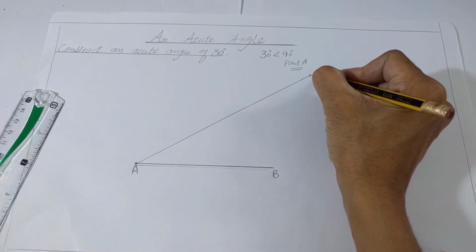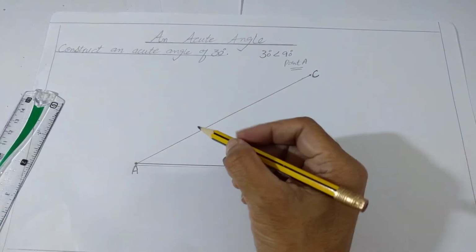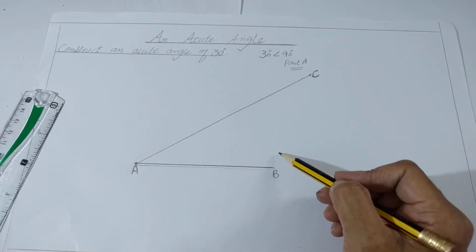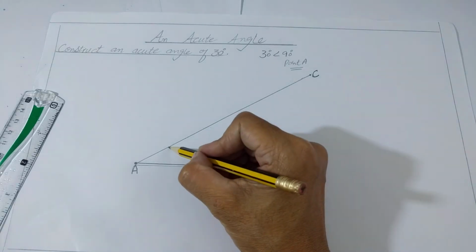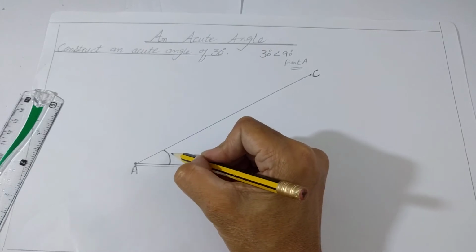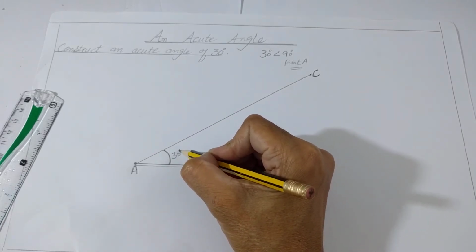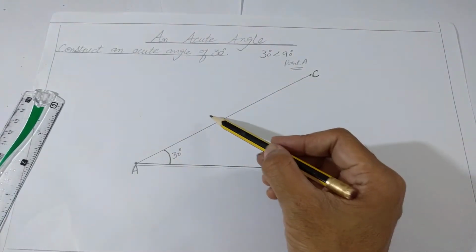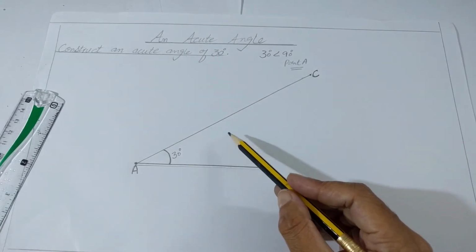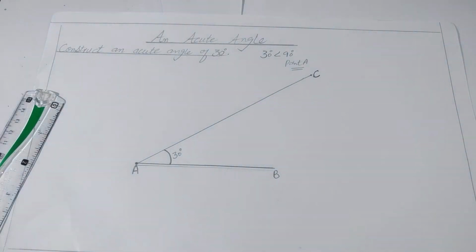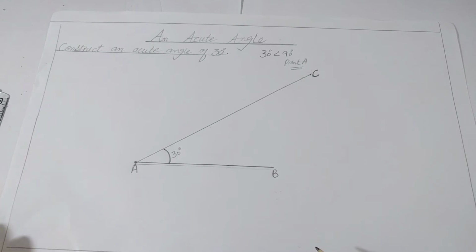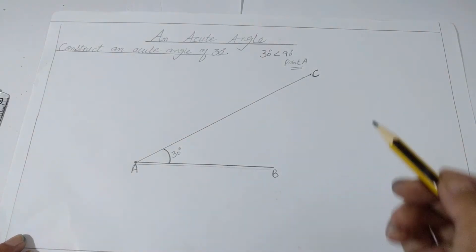I am giving it the name C. Now the amount of space between these two arms is an acute angle, and we will represent this acute angle by this curve, and we will mention the degree of the angle, that is 30 degree. So the space between these two arms is an acute angle of 30 degree. Clear?